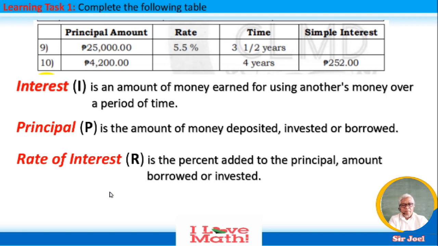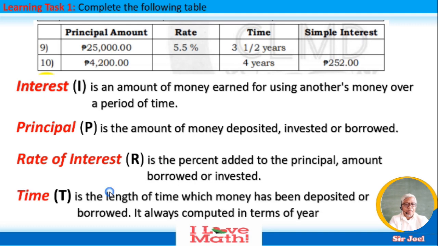And then, time or T is the length of time which money has been deposited or borrowed. It is always computed in terms of year. So, pag time ang pinag-usapan, dapat palaging year. Kung ito ay months lang, ay magiging fraction or decimal ang inyong magiging time sa case na to.